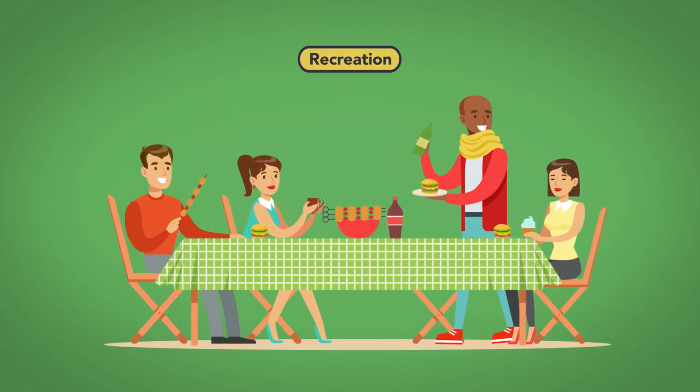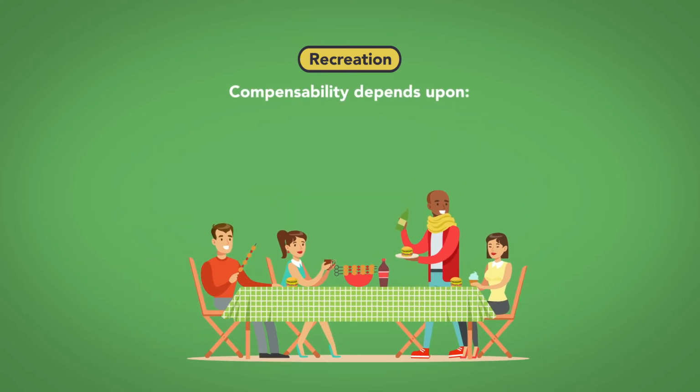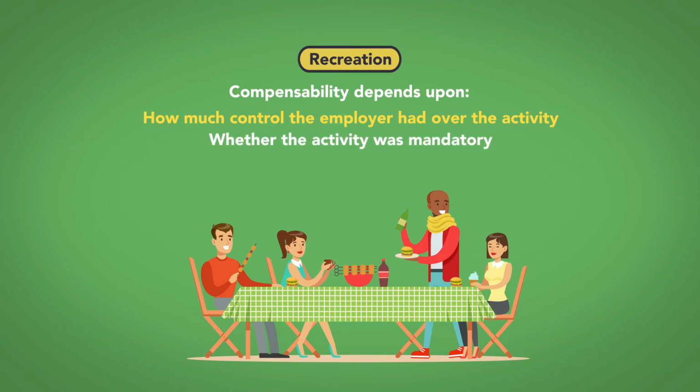Recreation. As to injuries incurred during workplace organized recreational activities, compensability depends upon how much control the employer had over the activity, whether the activity was mandatory, and what benefit, if any, the employer obtains from the activity beyond basic employee morale.